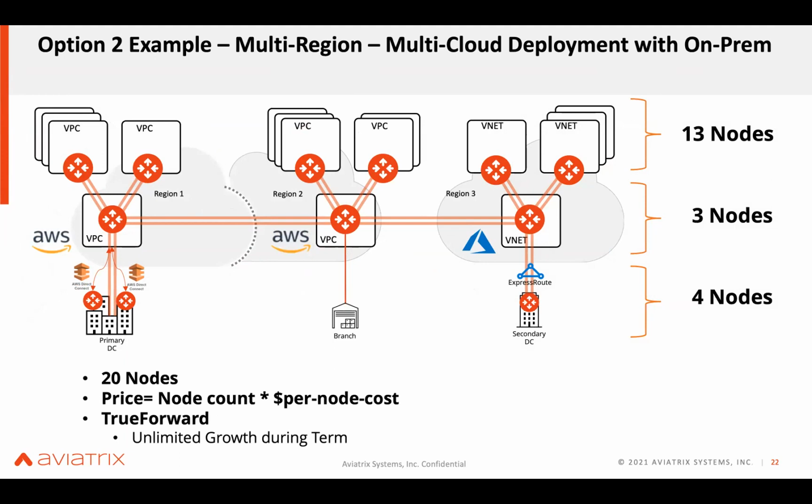Essentially, what we're trying to do is make sure customers have a deterministic way of finding out what the cost of the Aviatrix environment is going to be, and how they can optimize for it on an ongoing basis by sizing the components appropriately.